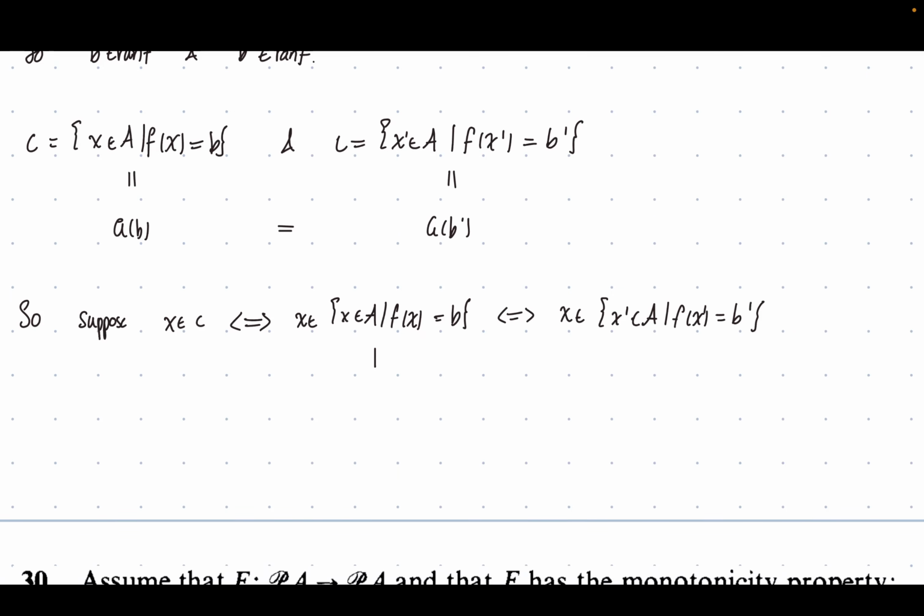So this implies that f of x is equal to b, and this implies that f of x is equal to b prime.